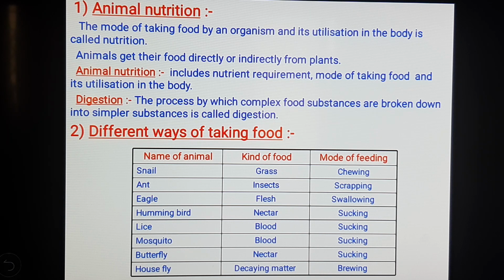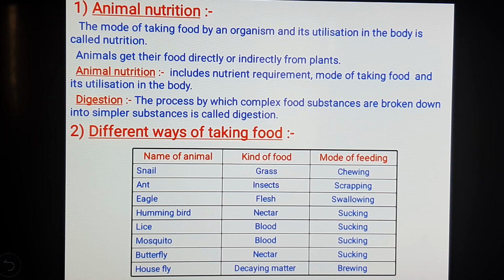Nutrients means the components of the food like carbohydrates, vitamins, minerals, fats. So these are called nutrients. And what is nutrition? The mode of taking food by an organism and its utilization in the body is called nutrition. Utilization means use.